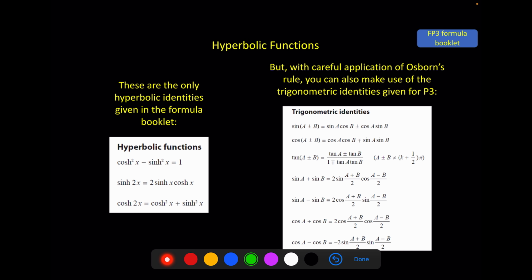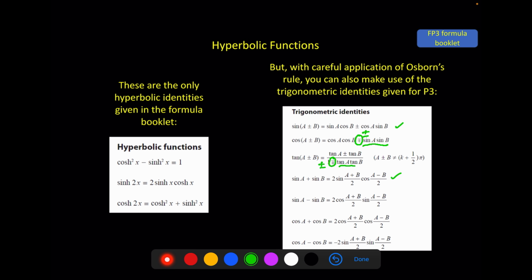So a quick scan down the list. This one is okay. This one has got a sine times a sine, so your negative positive would change into a positive negative when you change these into a hyperbolic identity. We've already talked about this one, that will change.